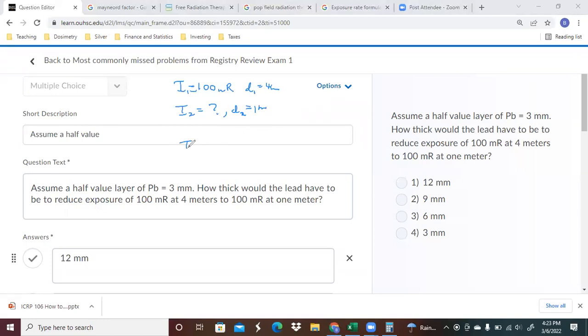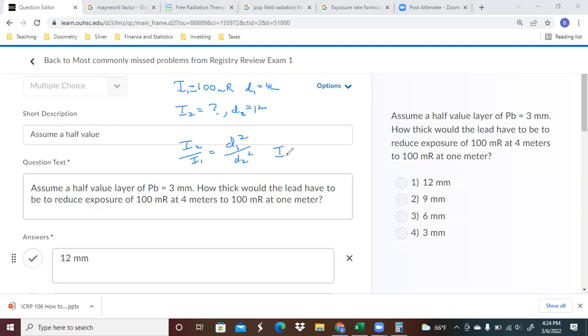So I know I2 divided by I1 should be equal to, and I believe it is, D1 squared over D2 squared.